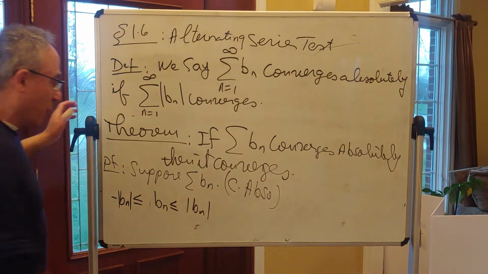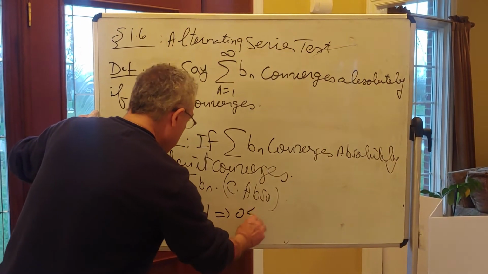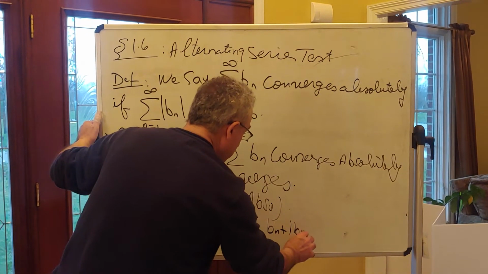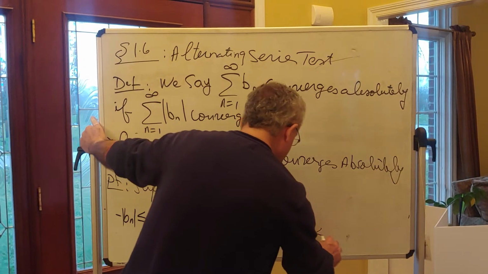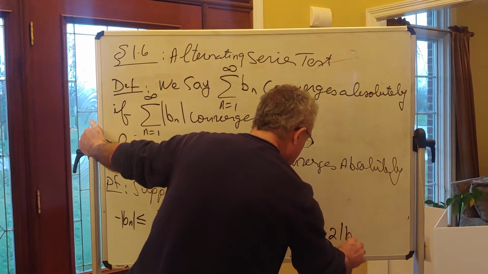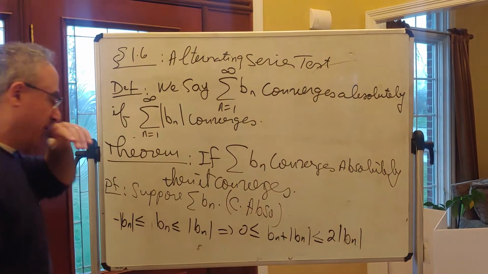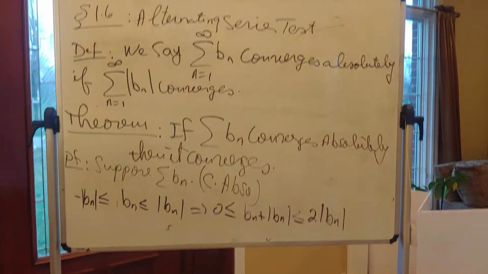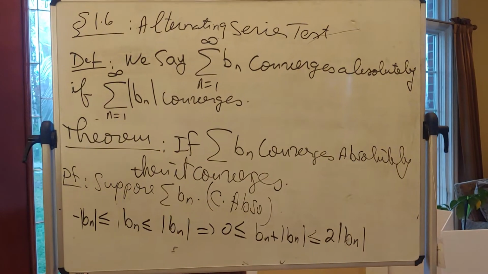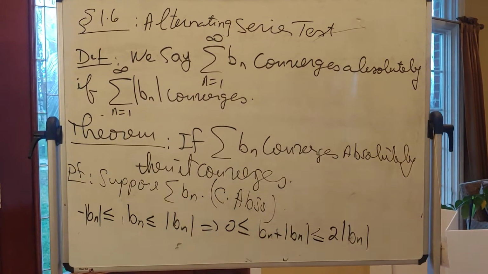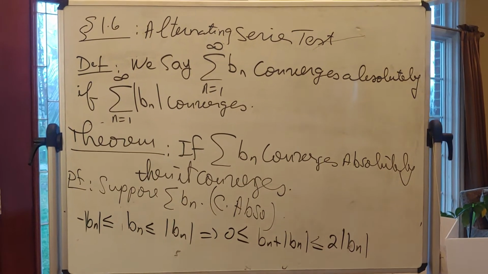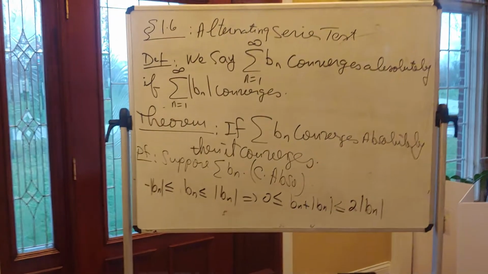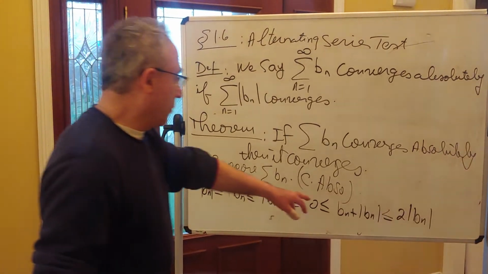Now add the absolute value of bn to both sides, and this gives 0 less than or equal to bn plus the absolute value of bn, which is less than or equal to 2 times the absolute value of bn. Is that clear? So remember, what did we say? We said if the sum of bn converges absolutely, then the sum of the absolute value of bn converges.